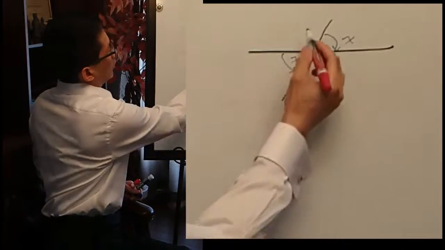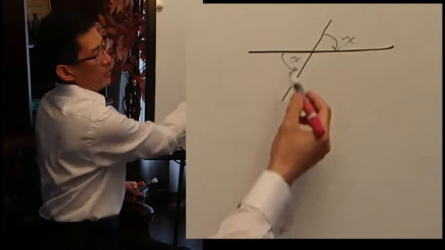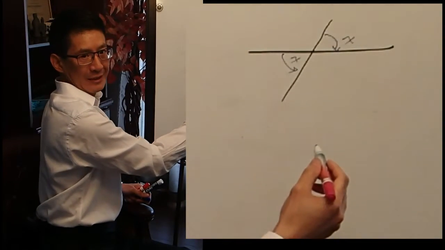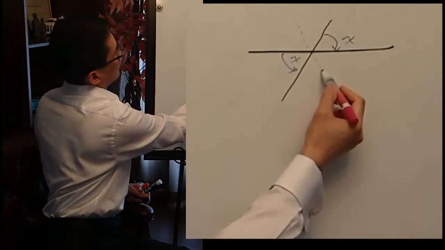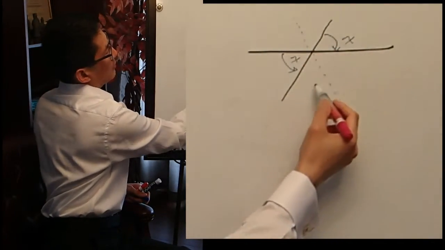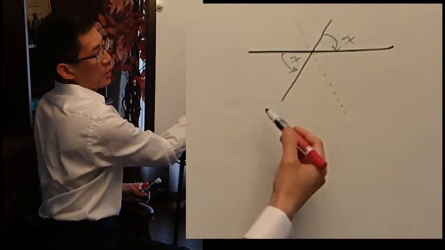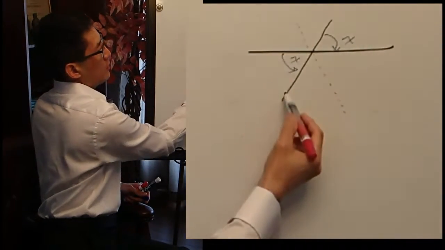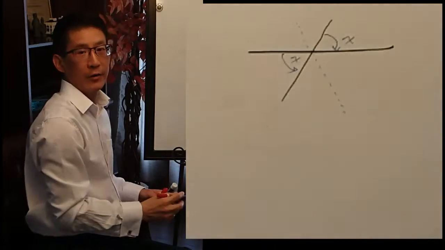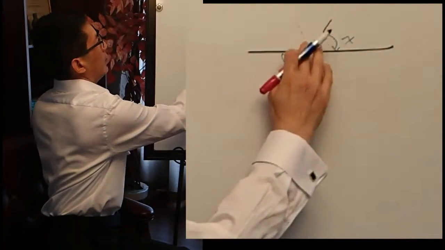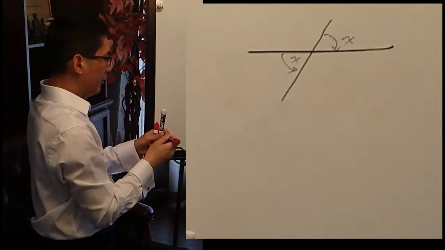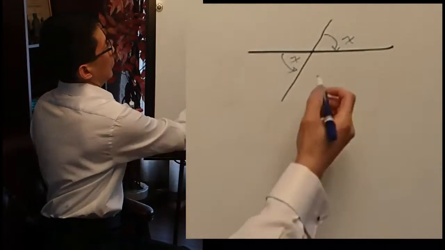For example, if you did this on a piece of paper, and I'm not going to try to fold my whiteboard because it's too stiff. If we were to fold a piece of paper so that it bisected each of these other angles, we could fold it on the dotted line here, and you would find that these two angles, x and x, are exactly the same size.